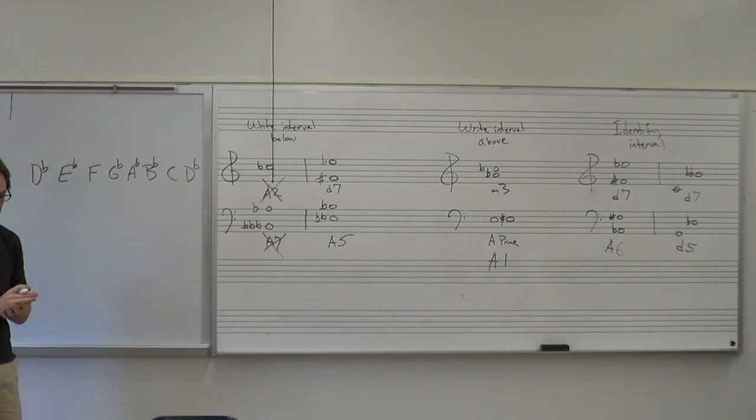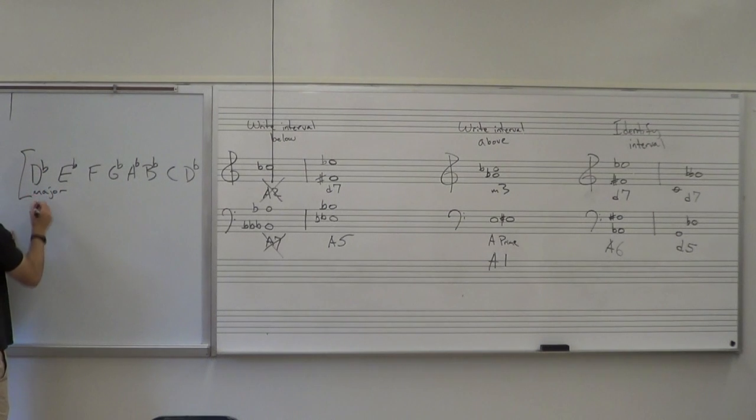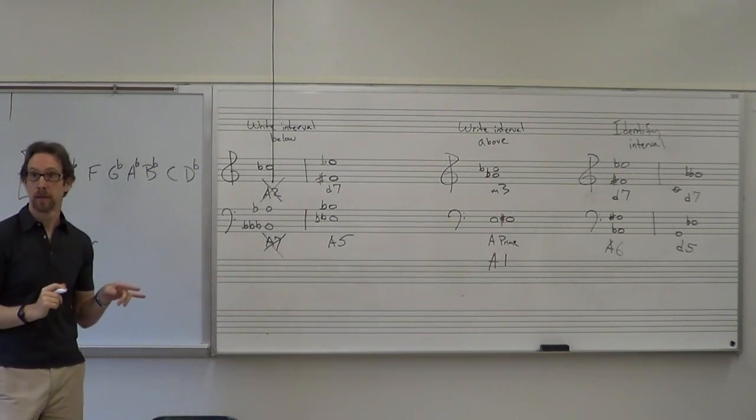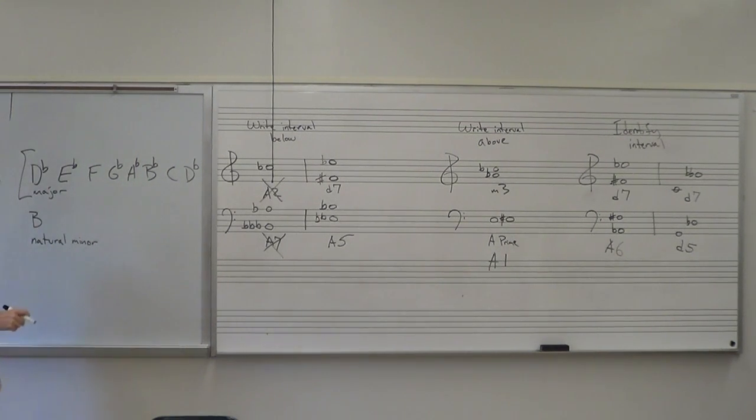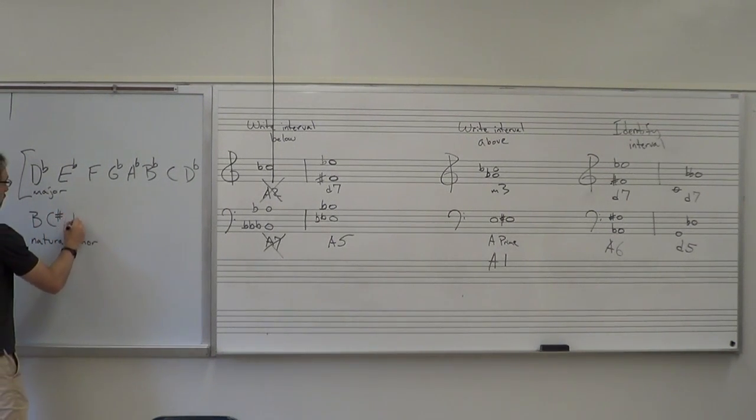Now, when we get to other scales like B natural minor. So here we're going natural. So this was our major scale. B natural minor. Writing out your B major scale would be a good step 1.